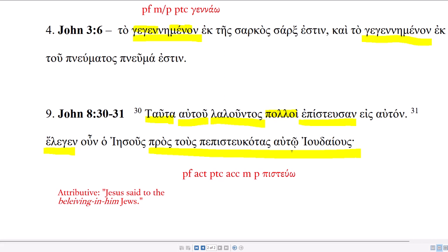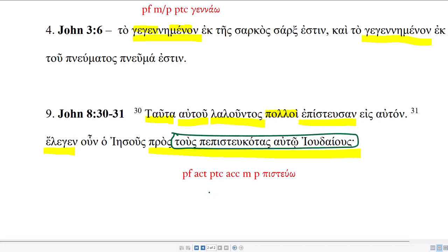So we could see this attributively, and here the participle is relating to the noun Ioudaious. They both are accusative masculine plural, so that fits. And then the article could be applying to both of them.